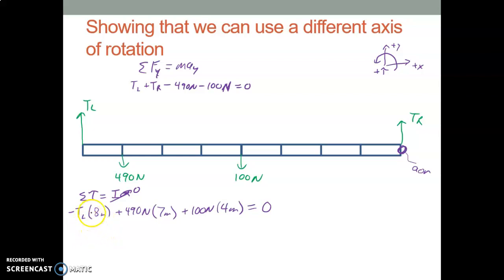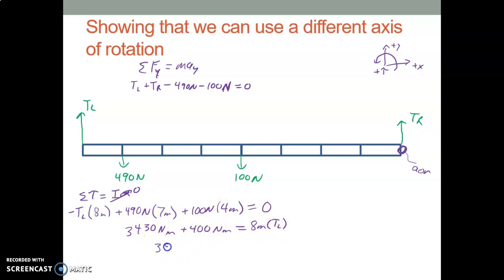And so now we can do this. We can add this to both sides. We can go ahead and calculate what these are. Let's see, 490 times 7. So we get 3430 newton meters plus 400 newton meters equals 8 meters times T sub L. So I added this to both sides, and I did this calculation.